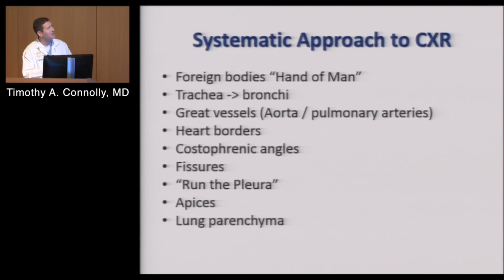I look at the great vessels, run down the heart borders, because that can give clues as to where something might be in the lung that's abnormal. The costophrenic angles of the diaphragm, look for fluid in the fissure, run up the pleura, go to the apices, then I look at the lungs. So there's a lot of stuff that goes on before I ever focus on the lung tissue.